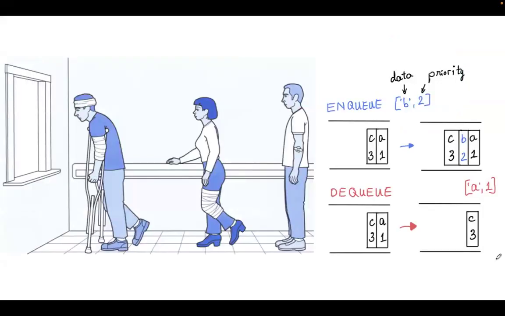And an example of this is if you go to a hospital. So if you broke a finger or something, you would have less priority than someone who comes in with chest pain. When you go to the hospital, if you're imminently at risk, then you move to the front of the line and the other people have to wait.